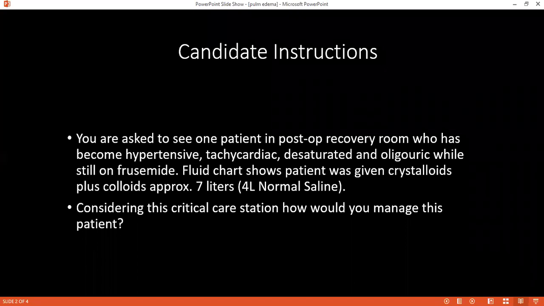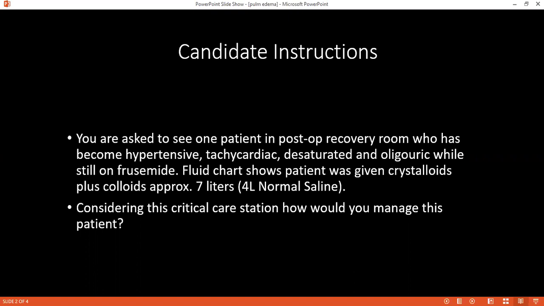How does this fluid overload affect the cardiac system? Sorry, ma'am, can you please repeat? How would this fluid overload affect the cardiac system? Yes, ma'am. Fluid overload is going to affect low cardiac output.